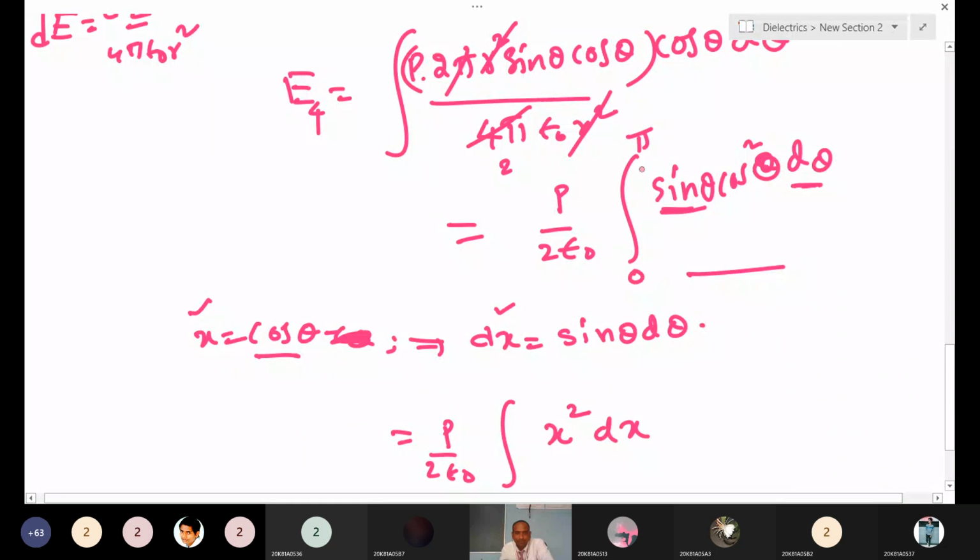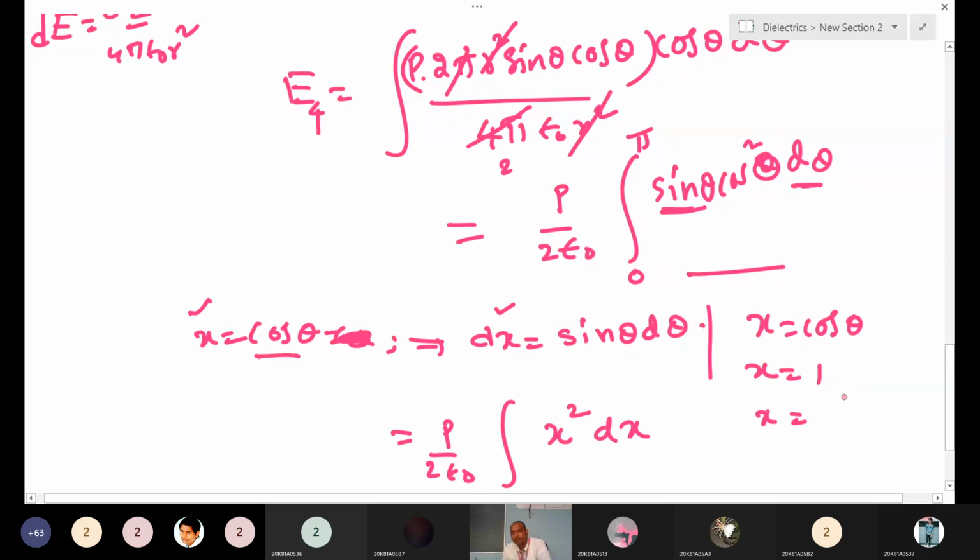Now we have changed this value, we have to change the limits also, right? Since x is equal to cos theta, for the lower limit we substitute theta is equal to 0. What is the value of cos 0? 1. And for the upper limit we also substitute: what is cos pi?